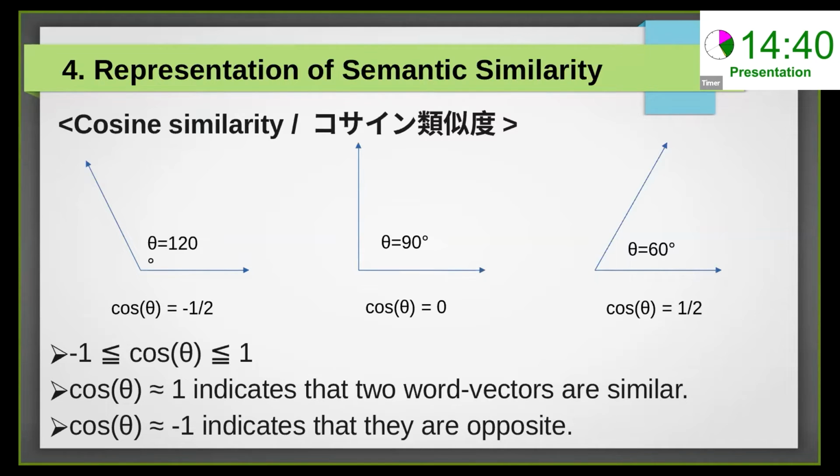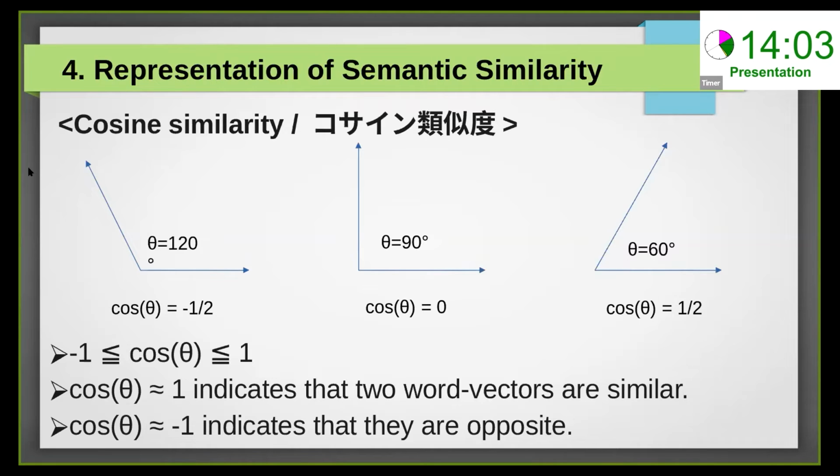And as you see in the right figure, if the two vectors are facing in the same direction, then the angle made by the two vectors is smaller, and the cosine theta is getting closer to 1. That indicates that the two word vectors are similar, which means that the meanings of the two words are similar.